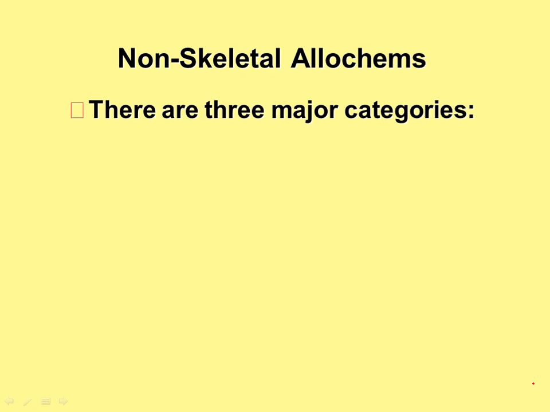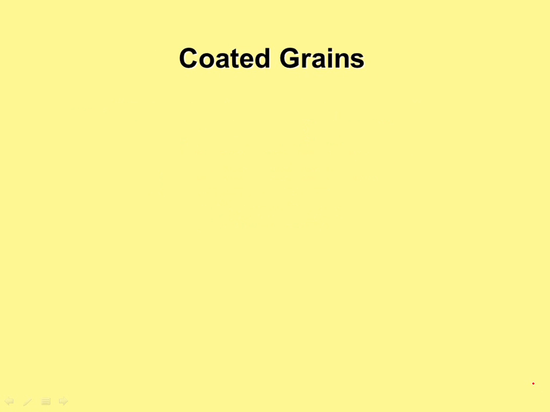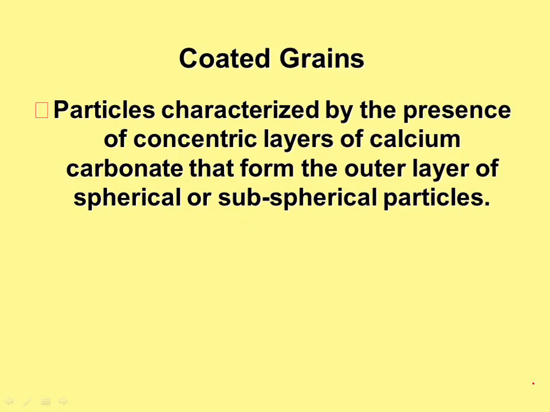So if we look at non-spherical allochems, there are three major categories that we can look at: coated grains, peloids, and intraclasts. If we look at coated grains first, these are particles characterized by the presence of concentric layers of calcium carbonate that form around a central nucleus.